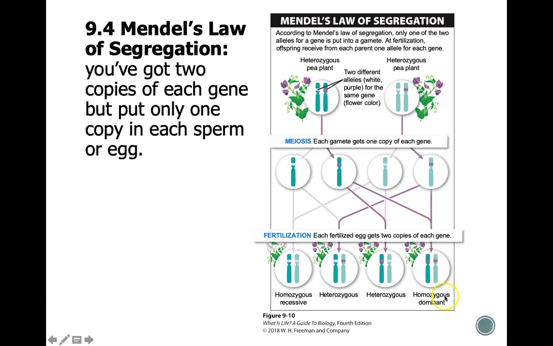We can get homozygous for purple or homozygous dominant if the 2 chromosomes with purple alleles come together, or we can get 2 different situations of heterozygous individuals. So in this case, let's say this side was mom, the white allele comes from mom, purple from dad. The other way we can get heterozygous is purple from mom and white from dad.